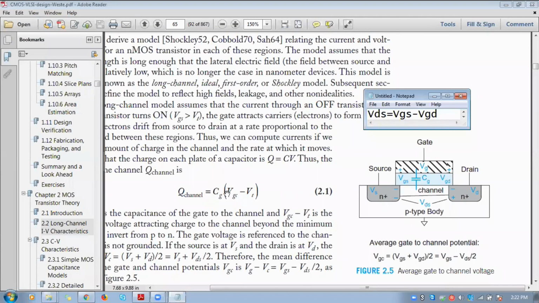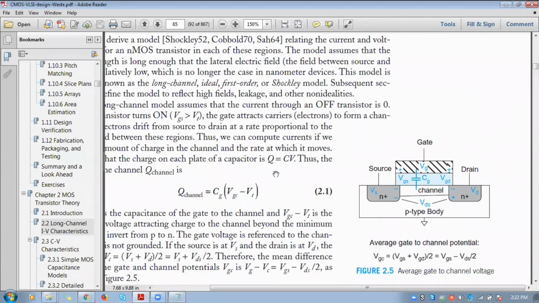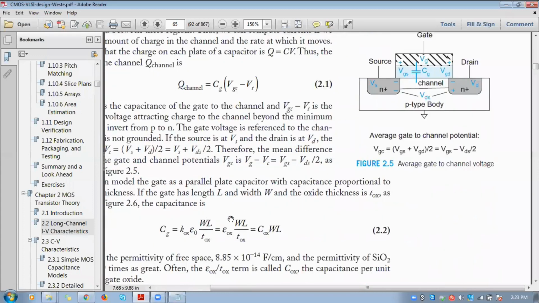Now we have to find the expression for Cg, the gate capacitance. The equation for capacitance is normally epsilon A by D. Here epsilon is the permittivity of the gate oxide, equal to the relative permittivity of the oxide times the permittivity of free space, epsilon naught x.